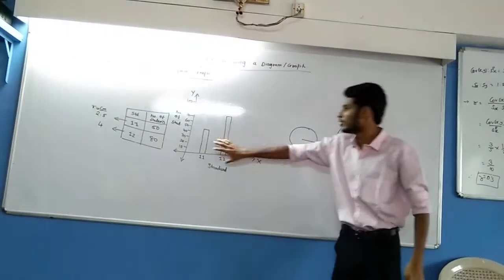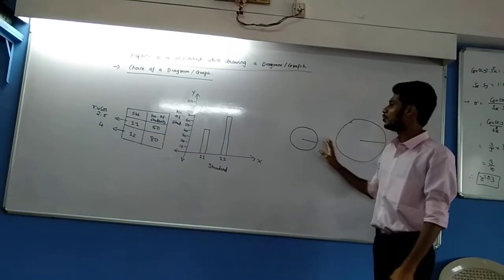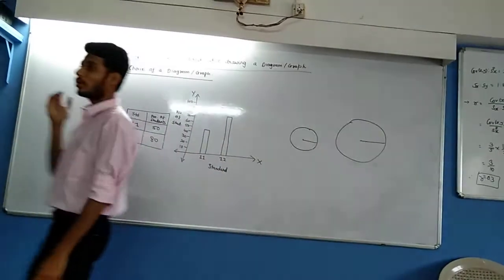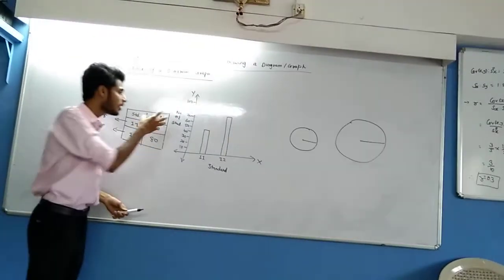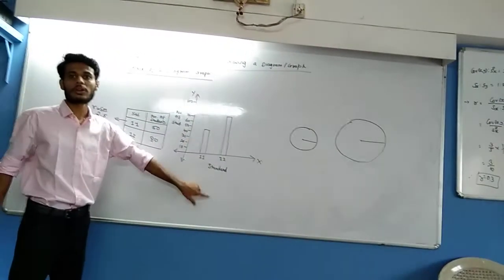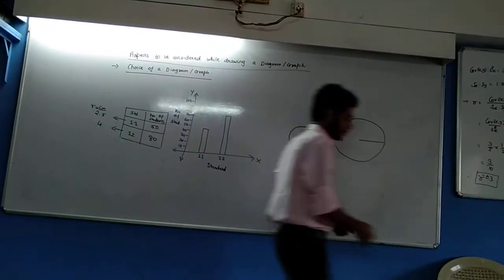But when the information is very small in numbers, then you can go for either of these options. So the first thing before making a diagram is to make a choice of which diagram you will go for when you want to plot such data.